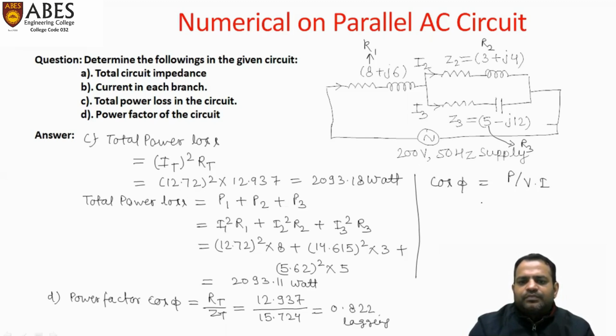So the total power loss, 2093.18, divided by 200 into I total, 12.72. After calculating, we are getting the same result, 0.822 lagging.